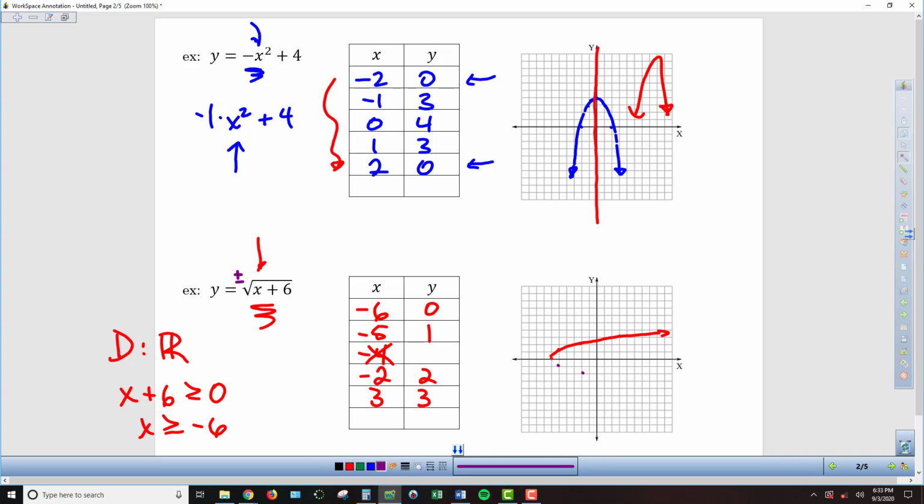Just because we see a square root symbol, even though we know that there's another square root out there that's the negative answer for all of these outputs that we generated, in this circumstance we're only going to take the principal root. We're not going to take the negative root to go along with the positive root. And so that's why these points are not included in our graph, and we just get that half of a sideways parabola.